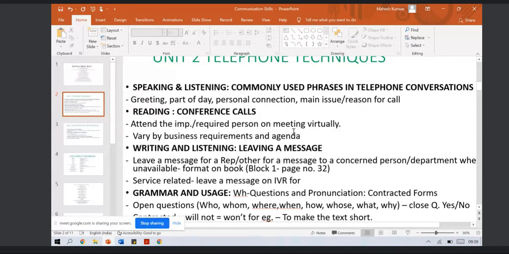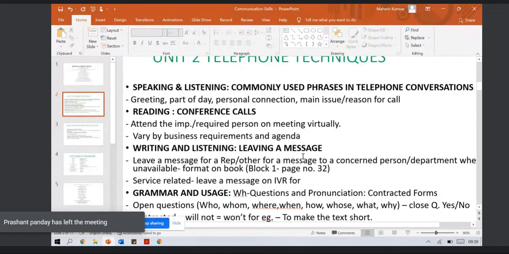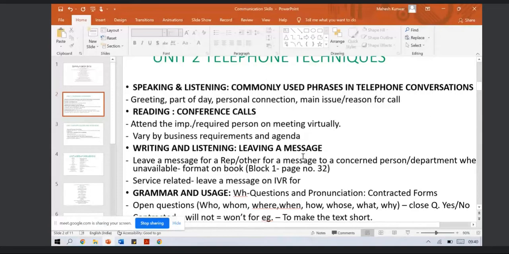In a face-to-face conversation, you have sufficient time to express your body language, your facial expressions, and how helpful you are. But in a telephonic conversation, you have to show that you are willing to help.